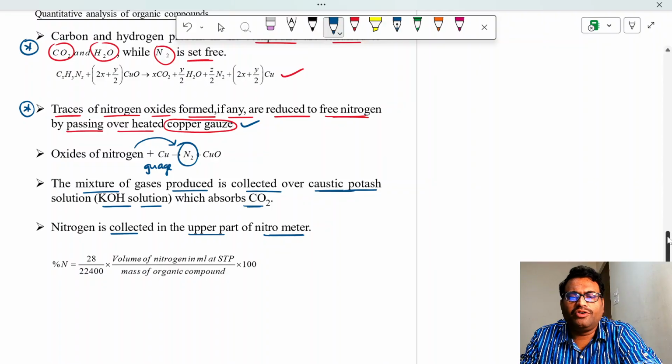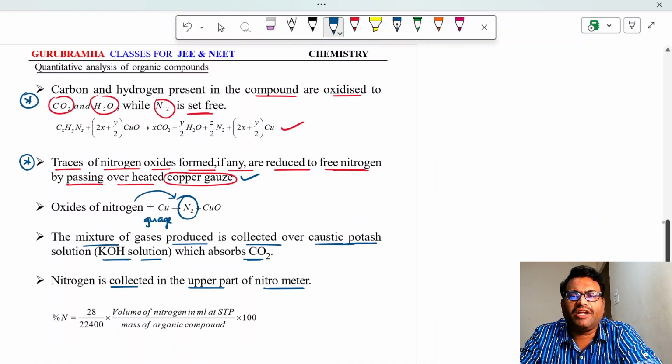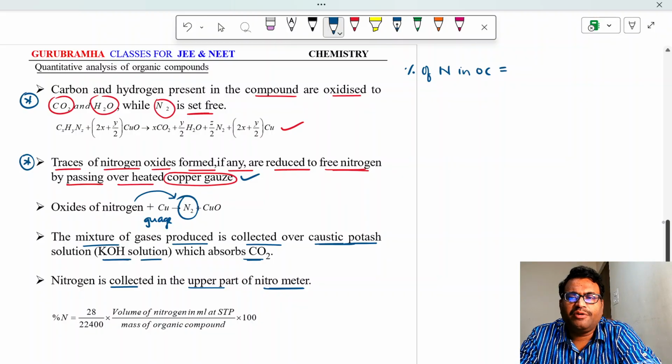Now coming to deriving the formula. We know the percentage of nitrogen in an organic compound, the mass percentage, means mass of nitrogen by mass of organic compound into 100.